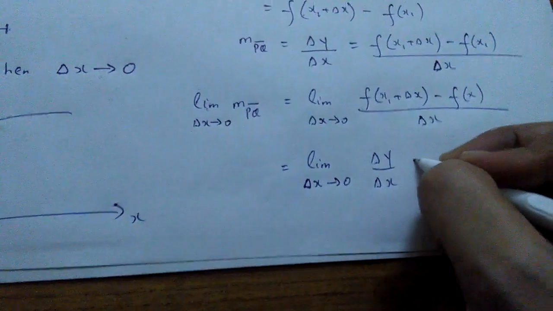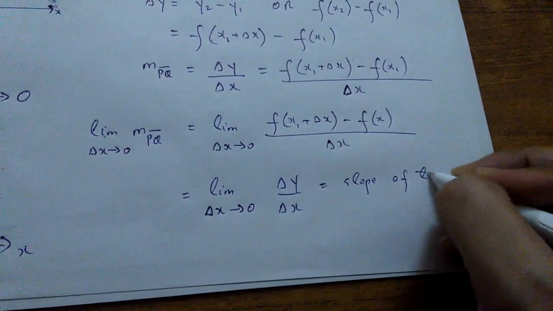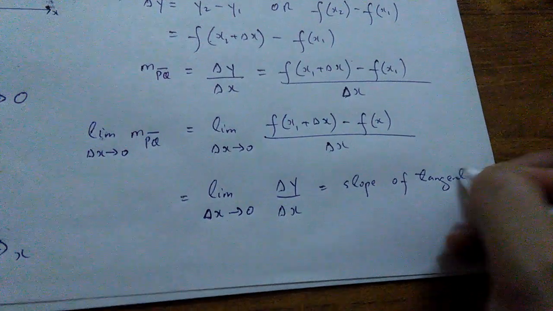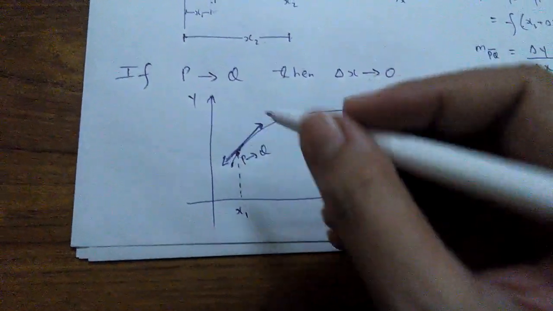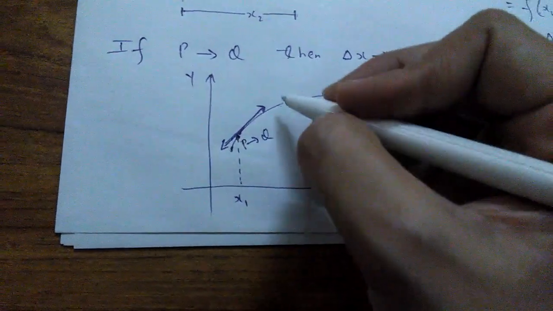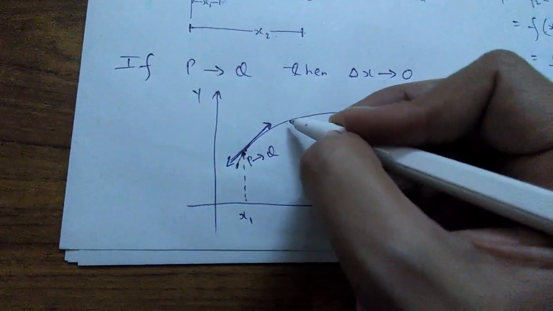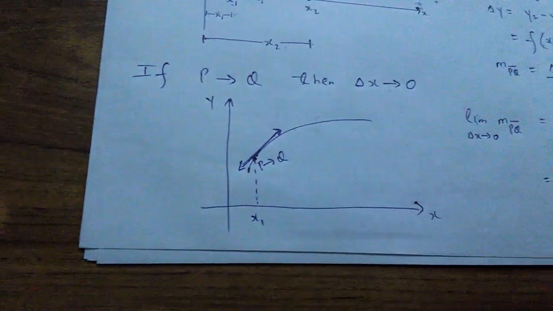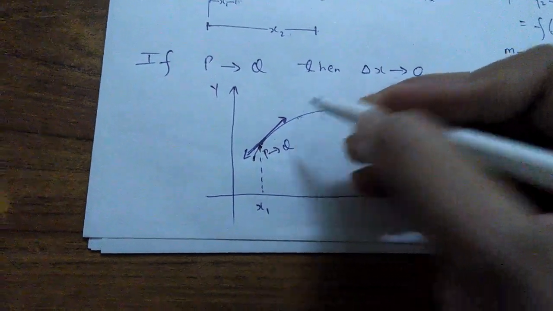Okay, it is equal to the slope of the tangent line at this point, all right? And you can also call it the slope of the tangent line of the graph. No matter what point of the graph you're looking at, if you have a tangent at that point, then simply you can call it the tangent of the graph at that particular point.